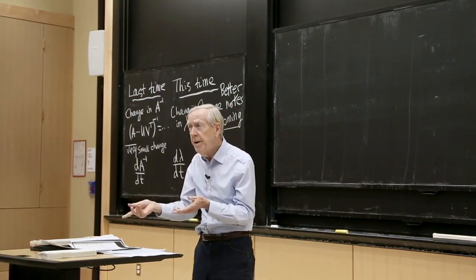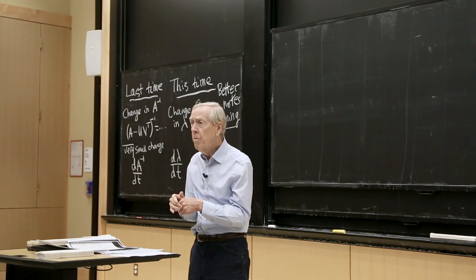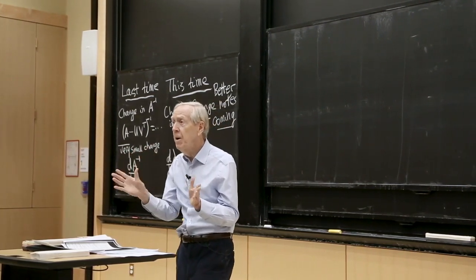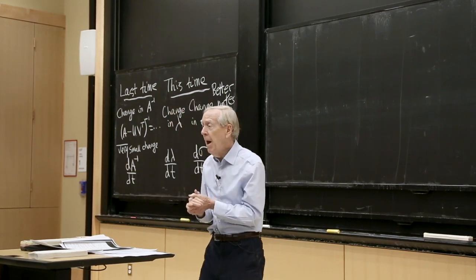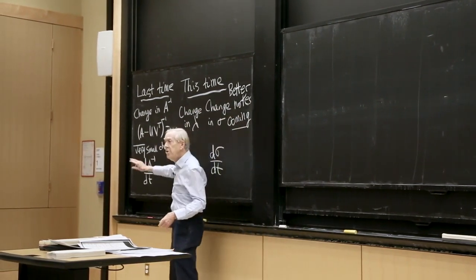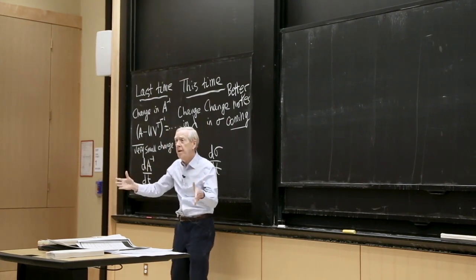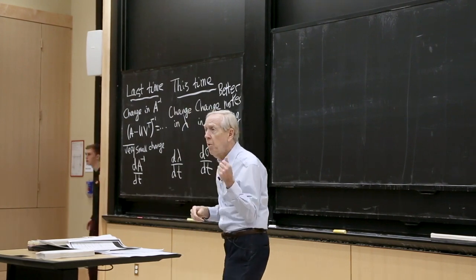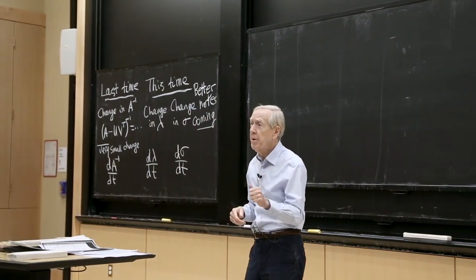What is the derivative when the change is infinitesimal? And what is the actual change when the change is finite size? Okay. So now let me say what we can do and what we can't do.